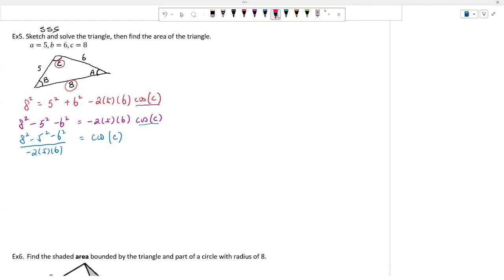And of course, the angle C is the cosine inverse of x squared minus 5 squared minus 6 squared over negative 2 times 5 times 6.